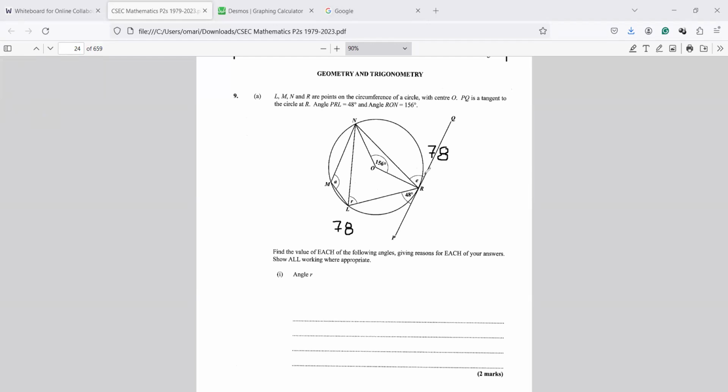So right here, this angle is in this segment of our circle, right? And what the theorem tells us is that the angle is going to be equal to the angle in the opposite segment.